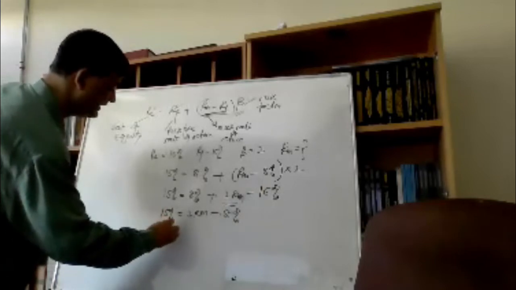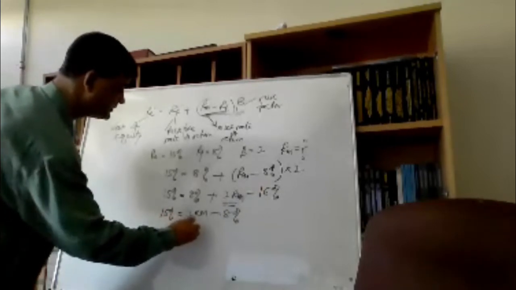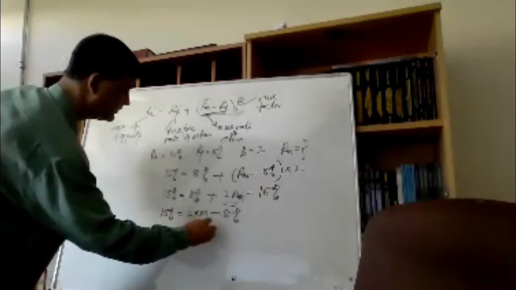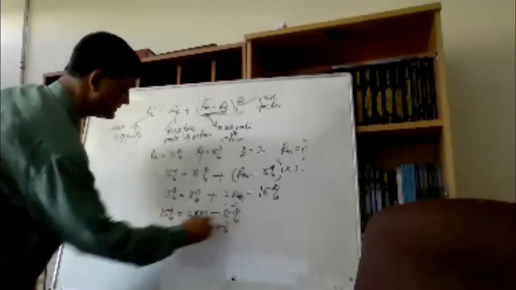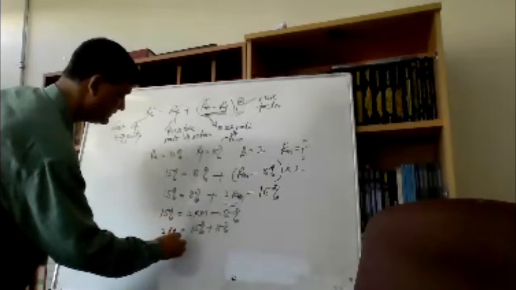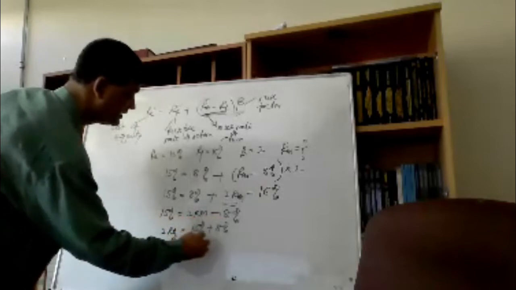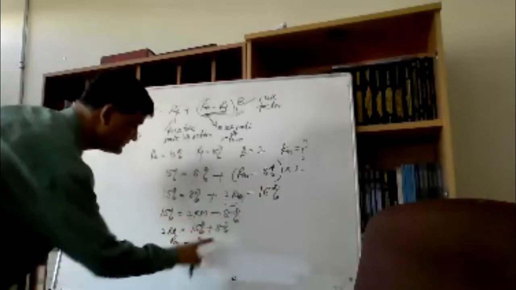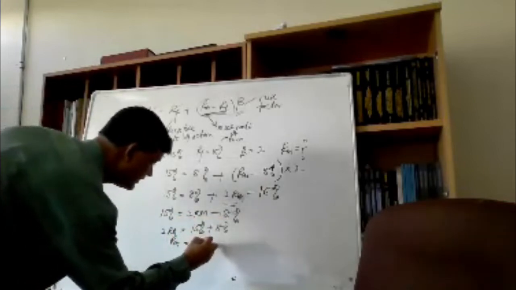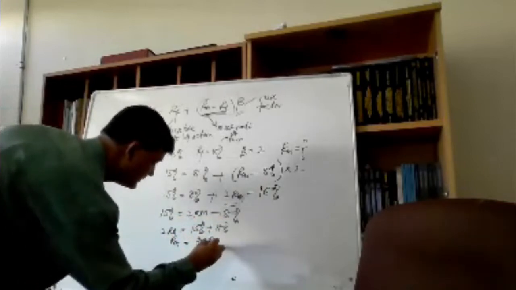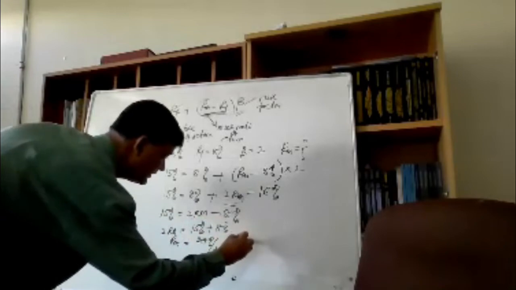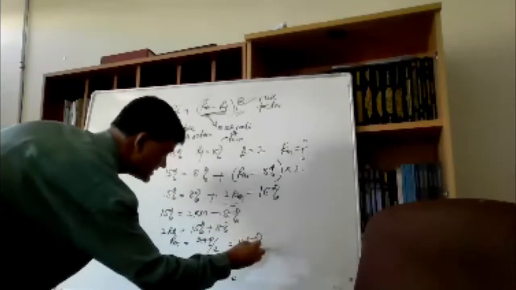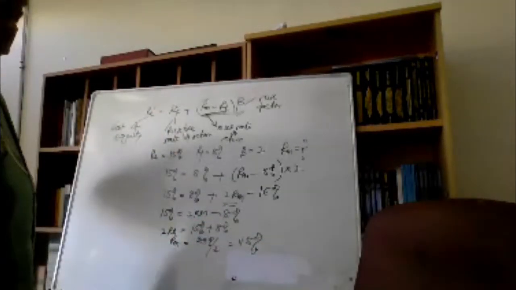So 2 RM equals 15% plus 8%. So RM equals 23% divided by 2. So it's going to be 11.5%. Is that clear?